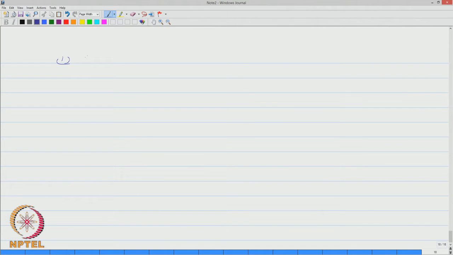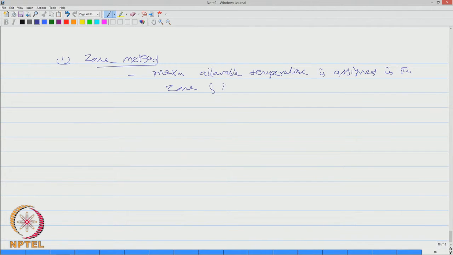In zone method, maximum allowable temperature is assigned in the zone of the steel member.